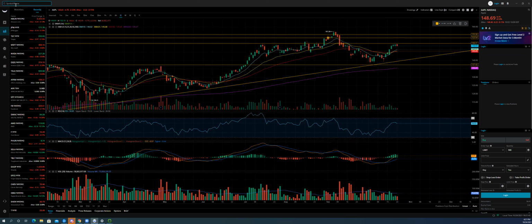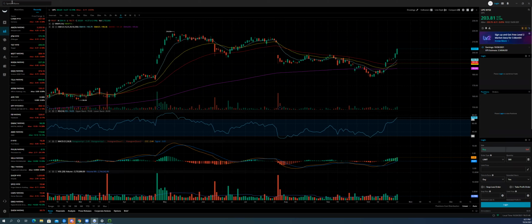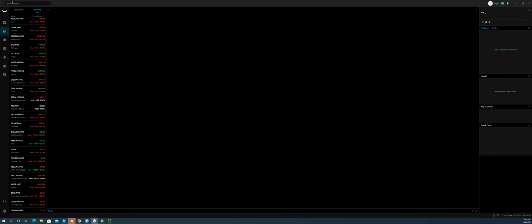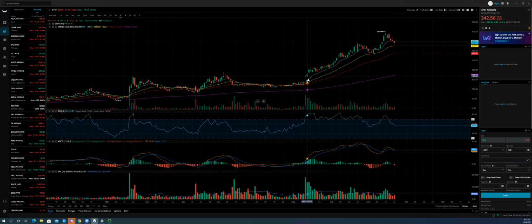Another one, UPST. This one, it's really bullish stock, but kind of ran up too fast and way too much. All the way up from around 114 after earnings, right?